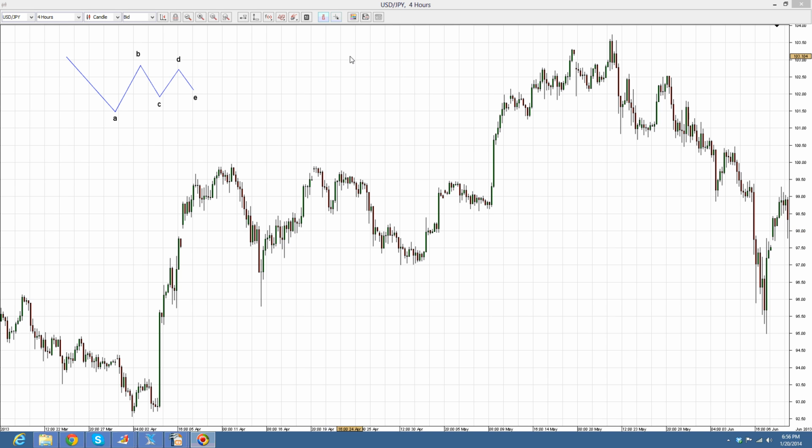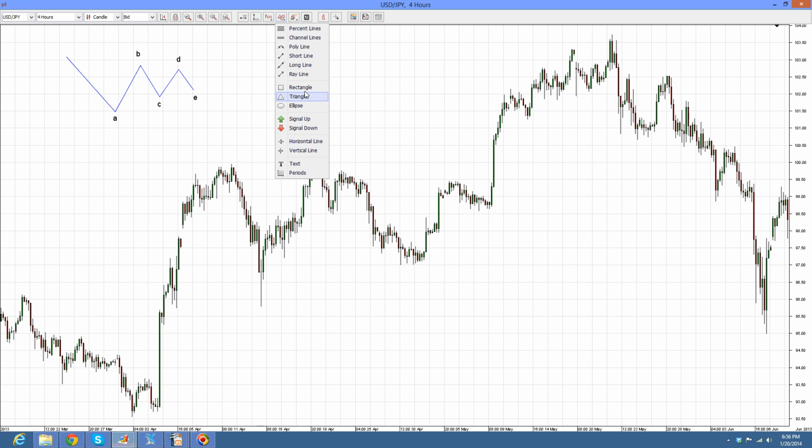Now, like I said the other day, any contracting triangle travels within 5 waves labeled A, B, C, D, E, and of course any triangle travels within the A and C and B and D trend lines.